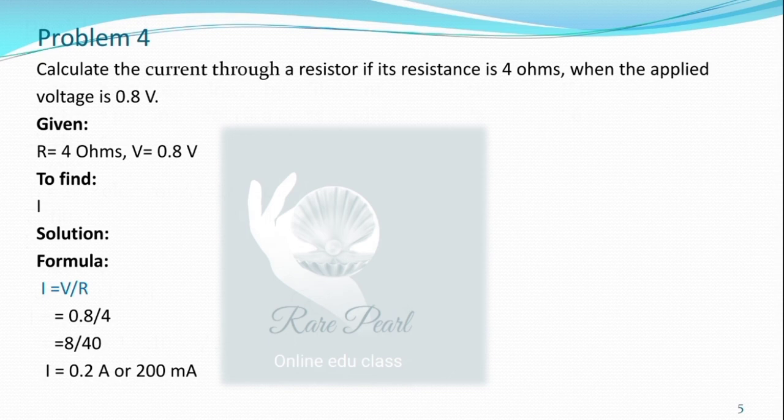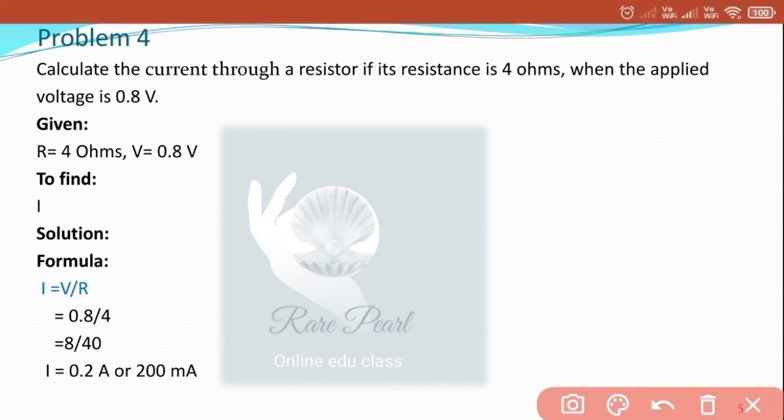The next problem is we need to calculate the current through a resistor if its resistance is 4 ohm when the applied voltage is 0.8 volt. So here voltage is given and resistance is given, 4 ohm.